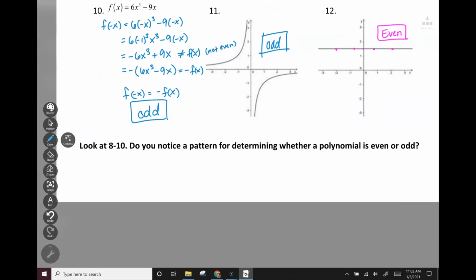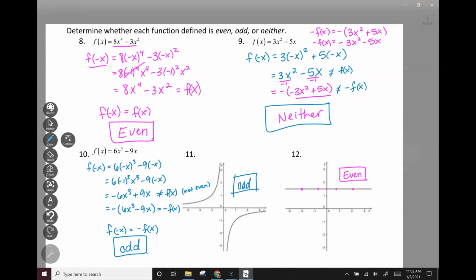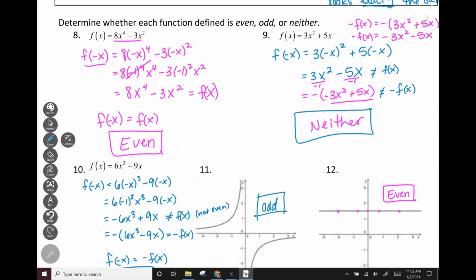Now, look at 8 through 10, so not the graphs, but the functions. Do you notice a pattern for determining whether a polynomial is even or odd? These are polynomials we were looking at.